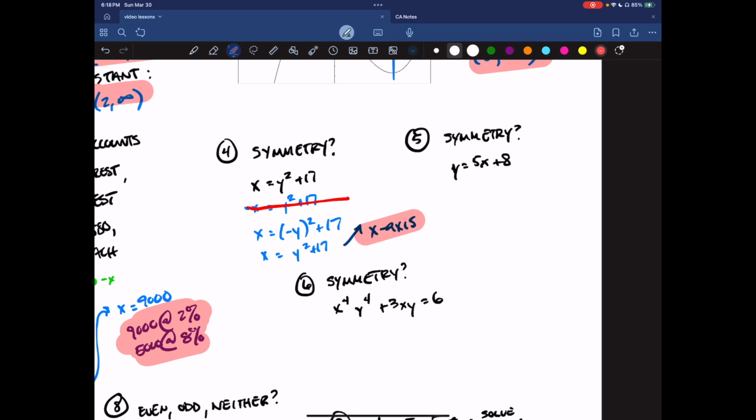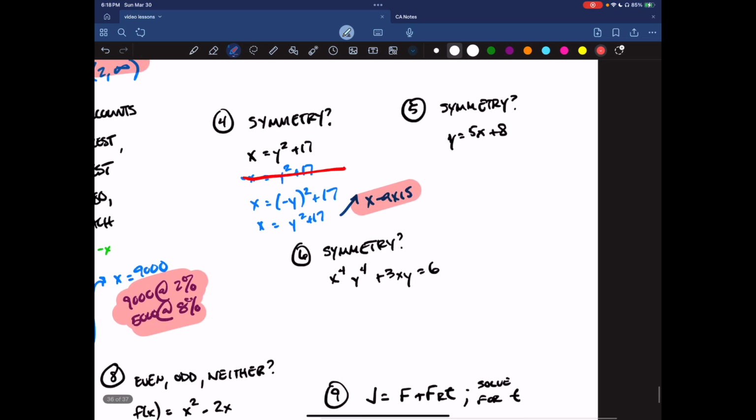Okay. Now, over here on 5, let's plug in negative y. Negative y equals 5x plus 8. Doesn't have it. Let's see. Y equals 5 times negative x plus 8. That's not going to work either. Let me do both.